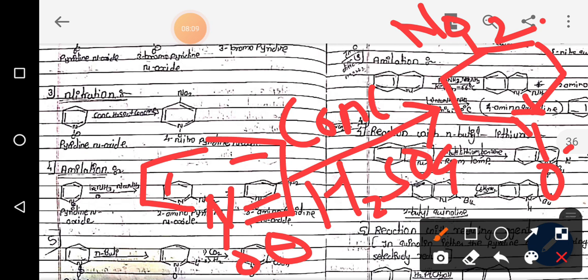This is the nitration reaction. Always remember that whenever there is a nitration reaction, the nitrating agent is always fixed: concentrated H2SO4 plus concentrated HNO3. These two reagents are used for the nitration of aromatic compounds in most cases.